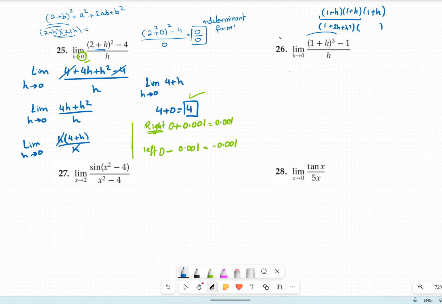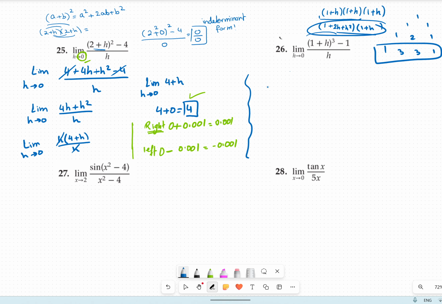And then this answer, you will multiply it with 1 plus h. Now when you do this, you are going to get an answer. This answer is going to be, if I use my Pascal triangle, if you remember this from grade 10, if you don't, it's fine, just do this, whatever is here.